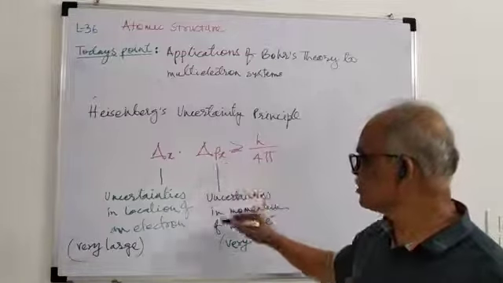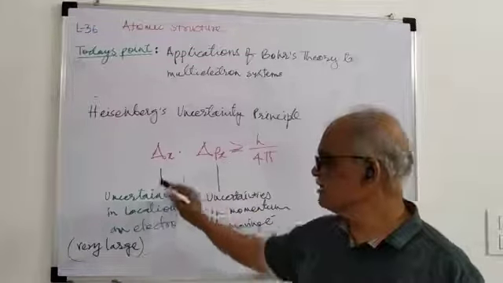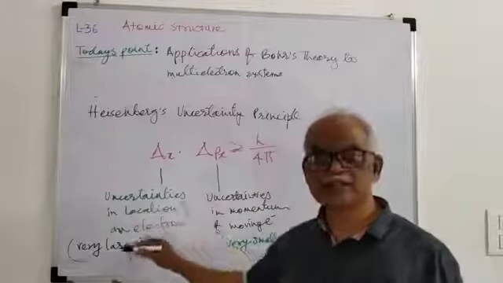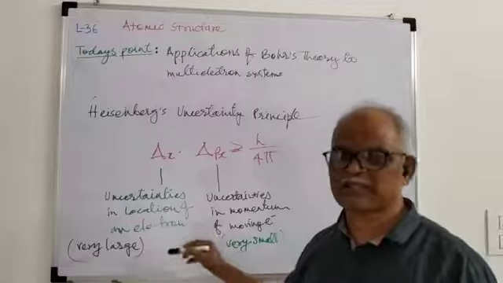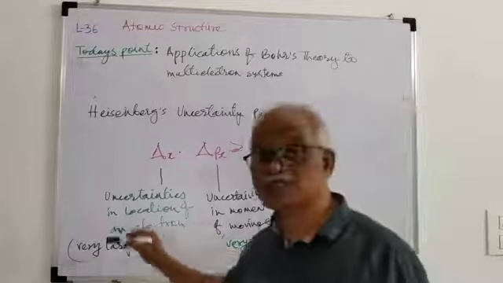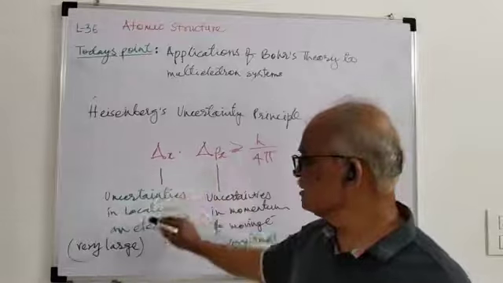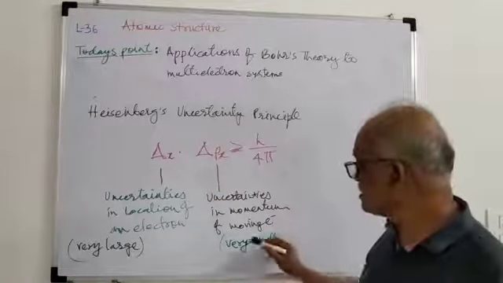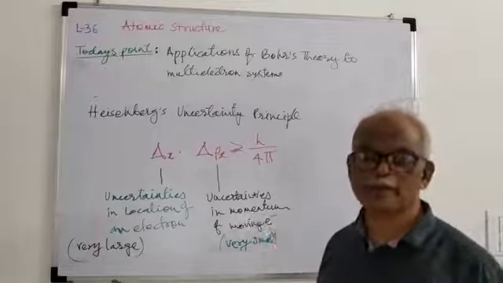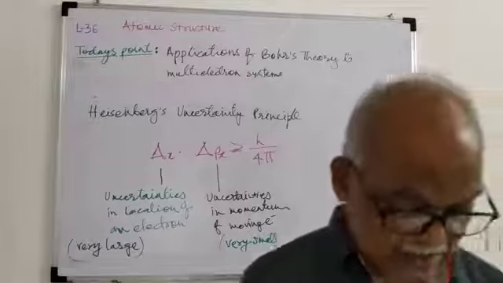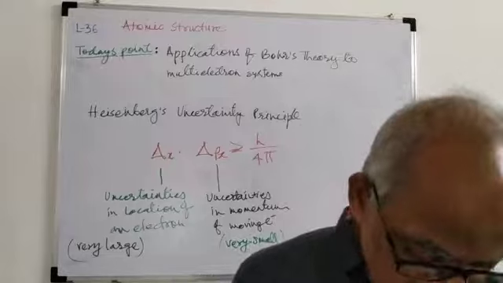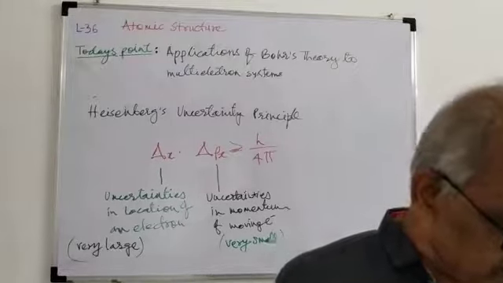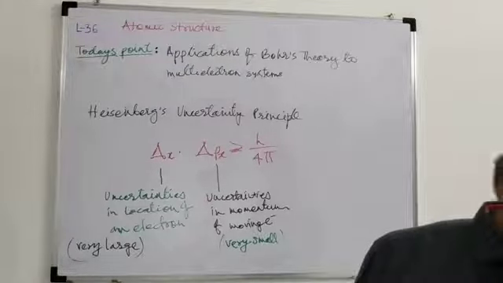It is very uncertain to determine the location, but relatively more precise to determine the momentum of the electron.